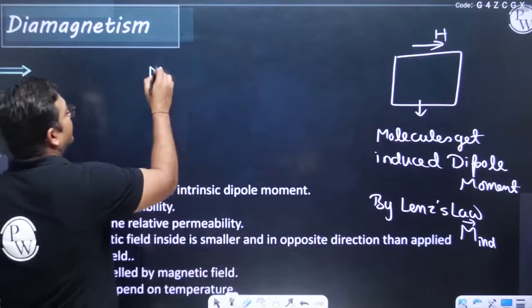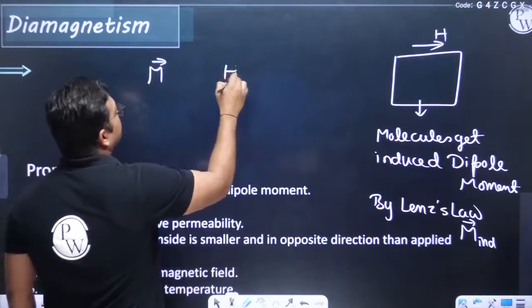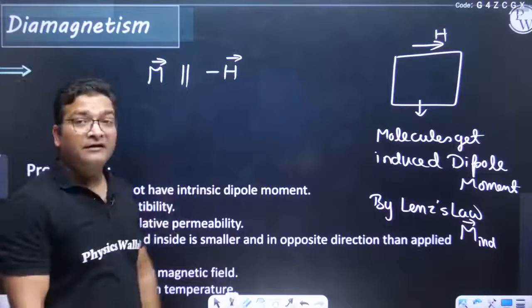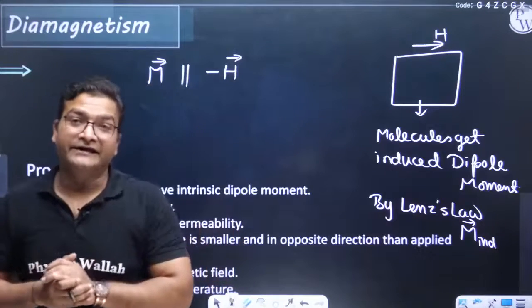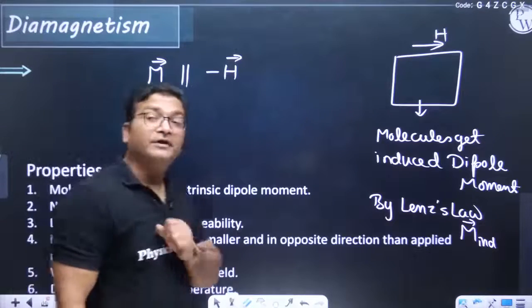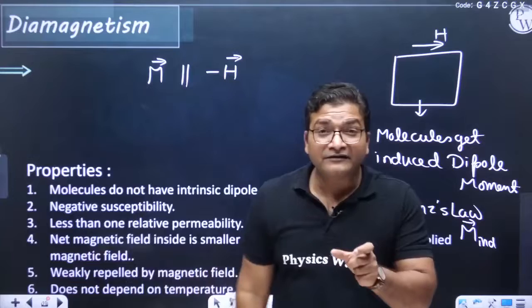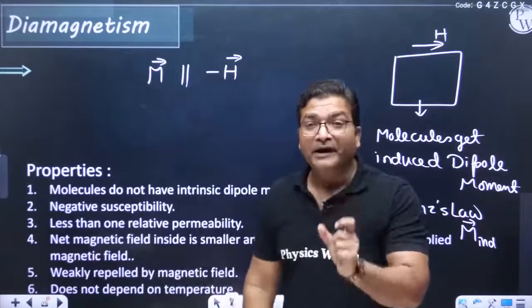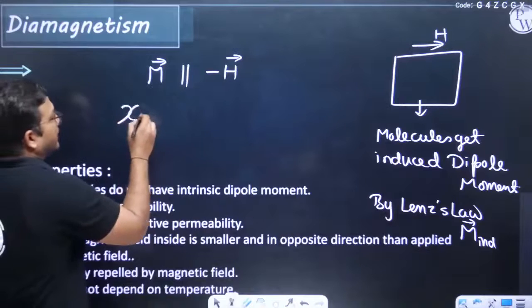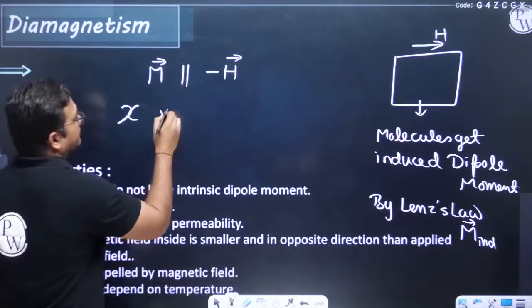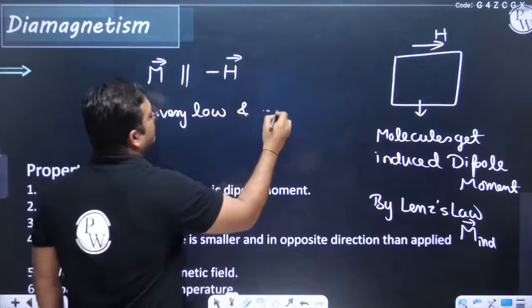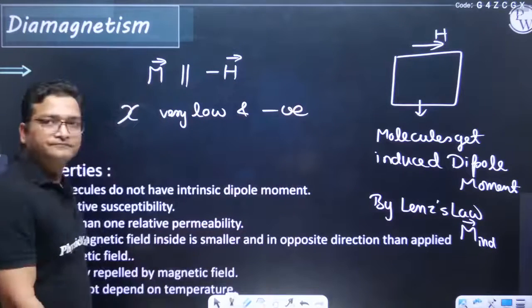So M and H are anti-parallel. You can say M is in the direction of minus H. So here we have negative susceptibility. In diamagnetism, we have very low but negative susceptibility. Remember, the susceptibility is very low and negative.